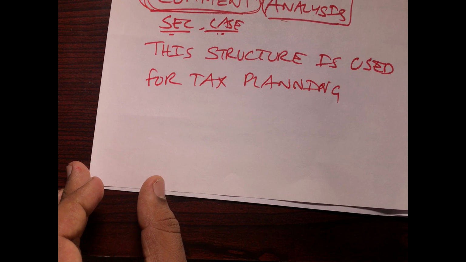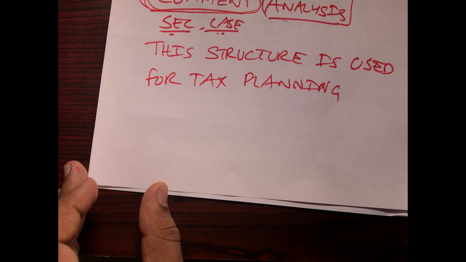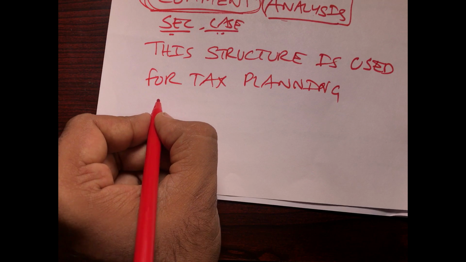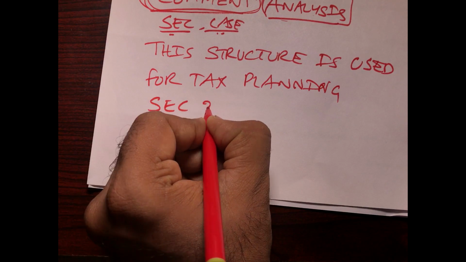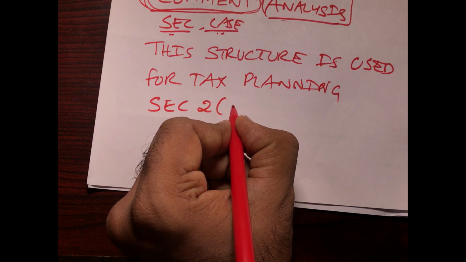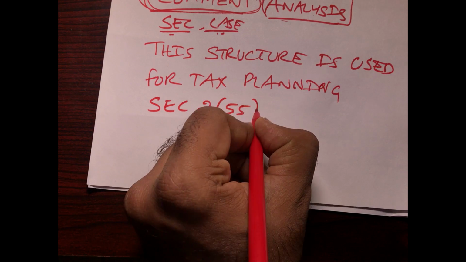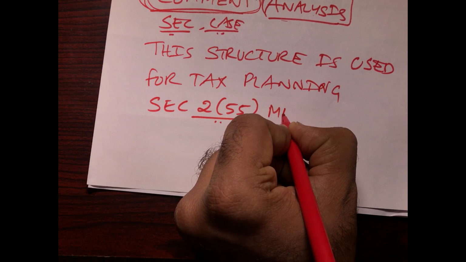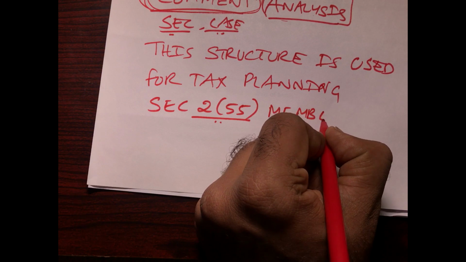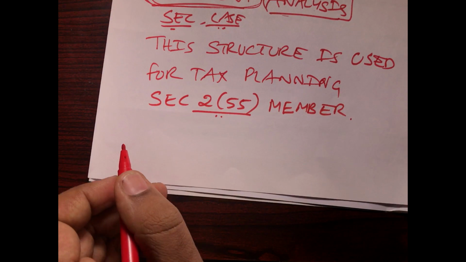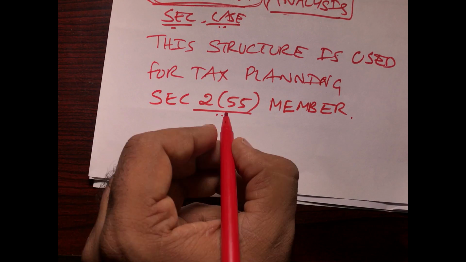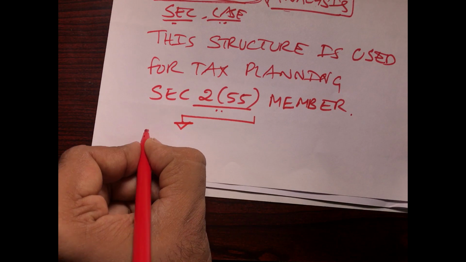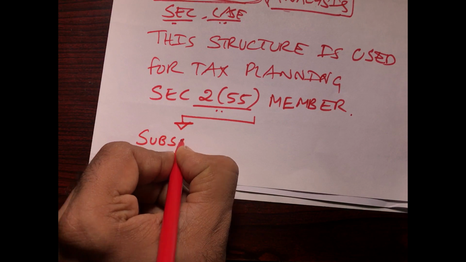Next, coming to what they are trying to test you in terms of the section numbers. You should know for this particular question, section 2, subsection 55. What is 2(55)? It is nothing but the definition of a member. In that definition, if you remember, who can be a member?